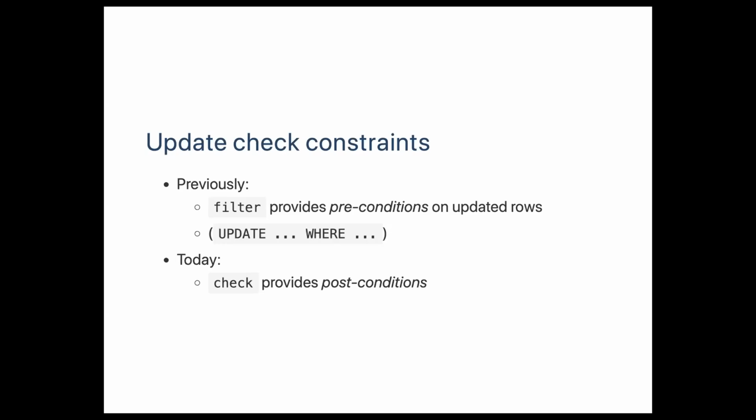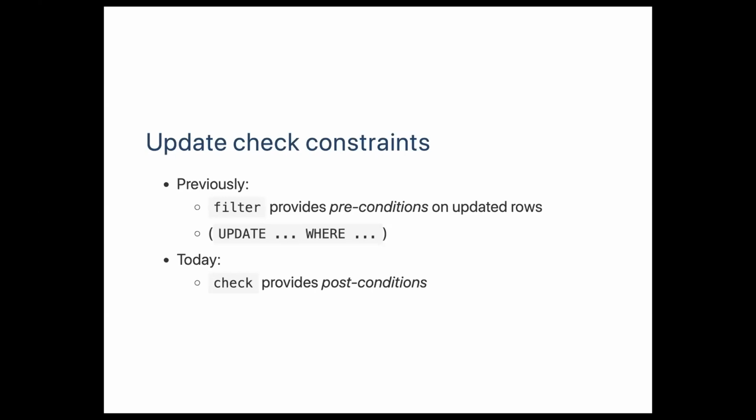As you can imagine, that represents a precondition. We end up either updating a row or not updating a row, and what you'll often see is either you'll get the row back or you'll just get an empty set of affected rows because the precondition didn't hold. And what you're going to be able to do now in the latest version is, in addition to filter, there's a new property called check that you can provide on the API for update permissions on a table.